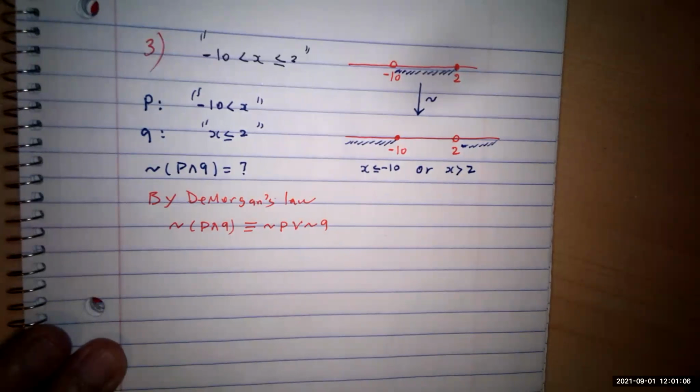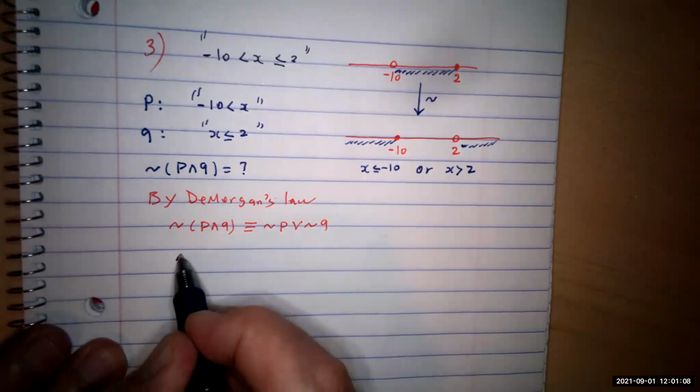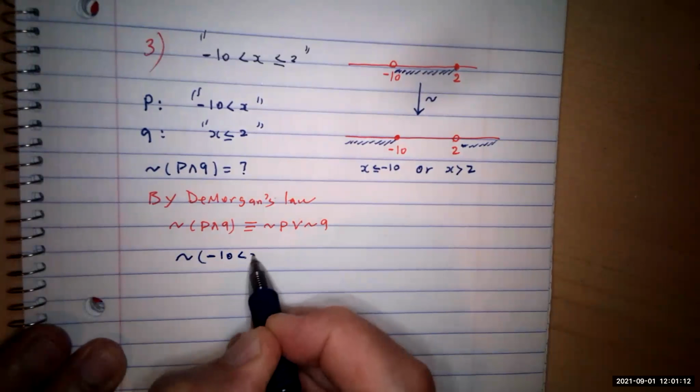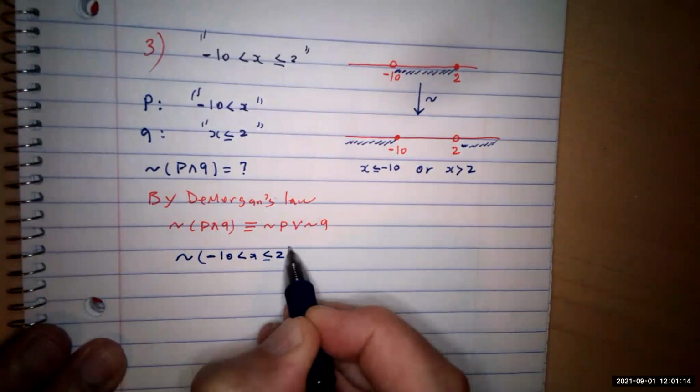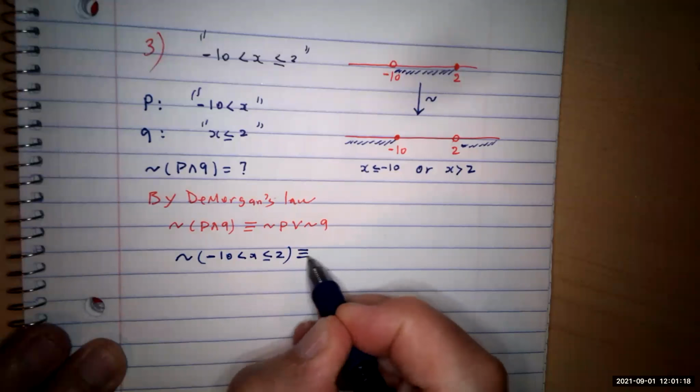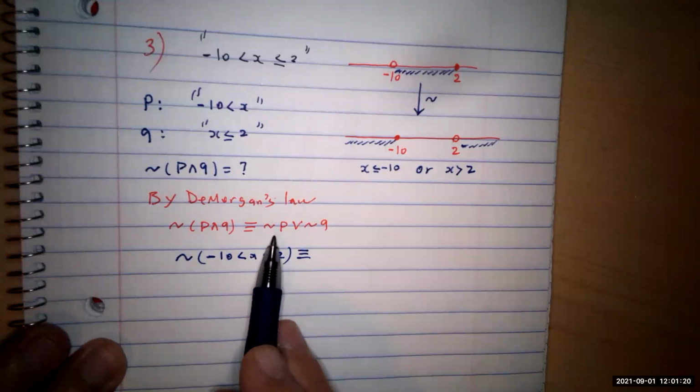So the final answer would be of this form: you would like to find the negation of -10 less than x less than or equal to 2. This would be the same as the negation of P.